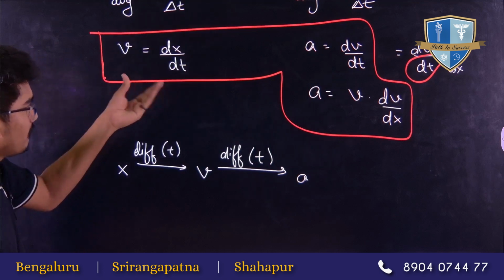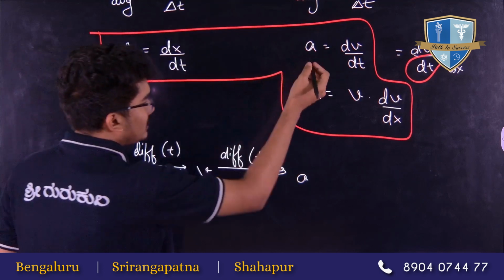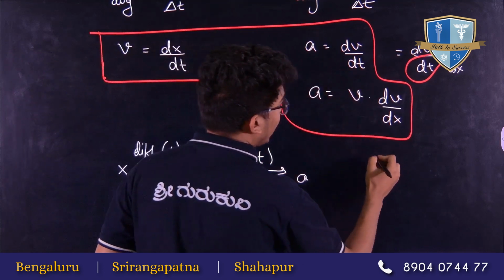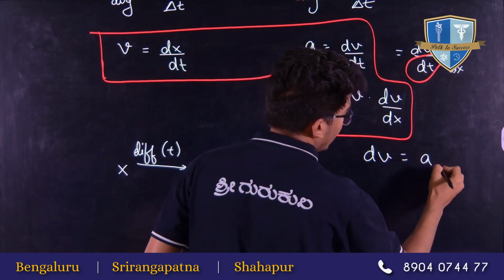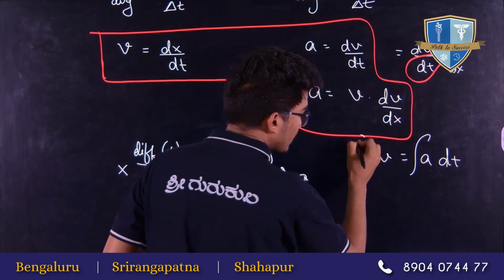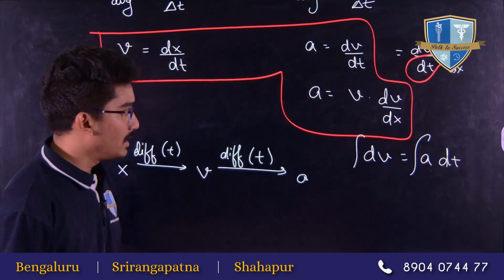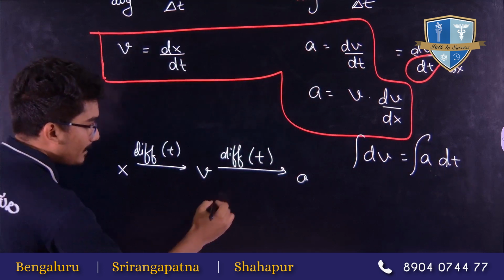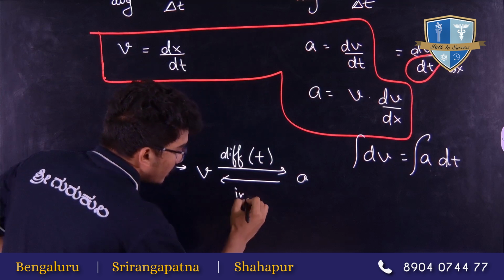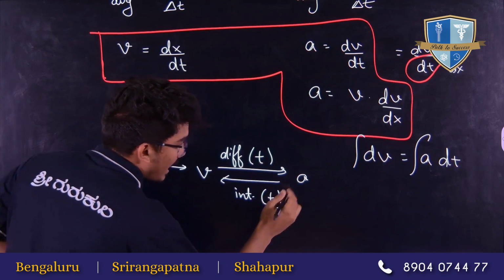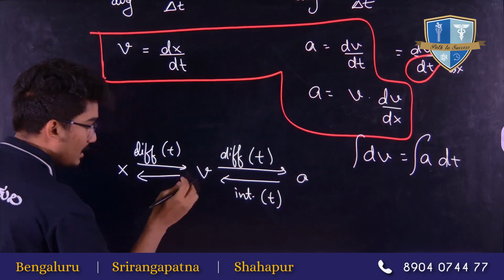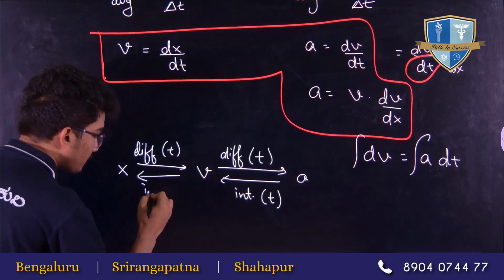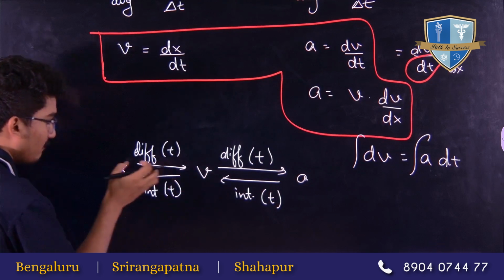Now in the same formulas, if you see this acceleration formula, I can write dv is equal to a dt, and integration of acceleration with respect to time gives us velocity, and similarly integration of velocity with respect to time will give us displacement.